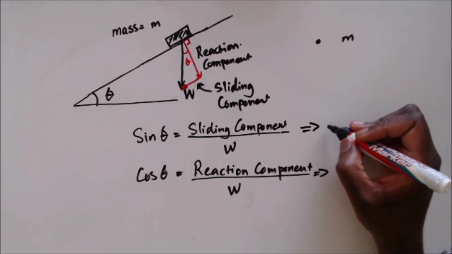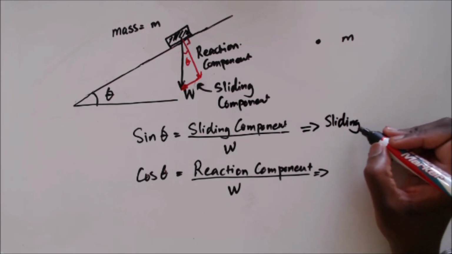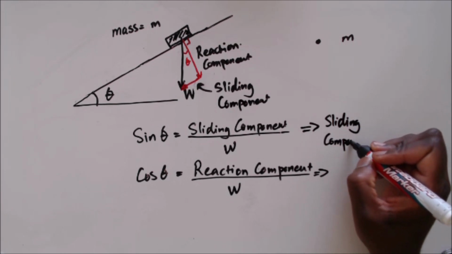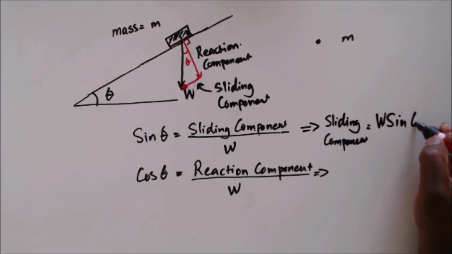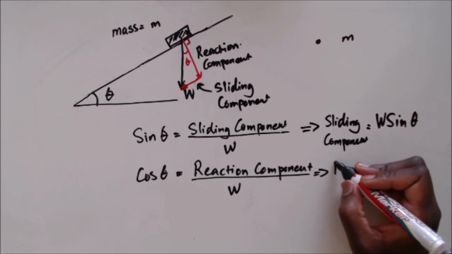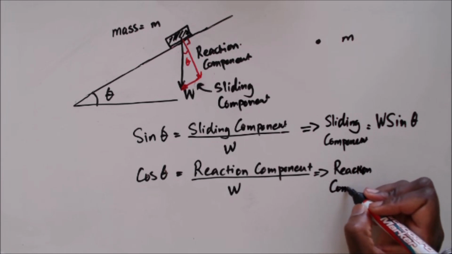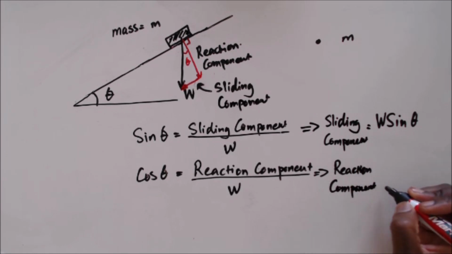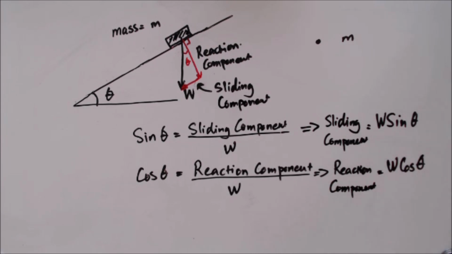That the sliding component is equal to W sine theta, and the reaction component is equal to W cosine of theta. And we're going to use these very often when we see questions which involve an inclined plane.